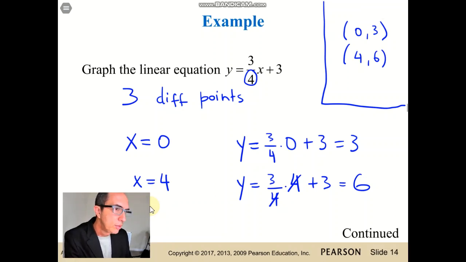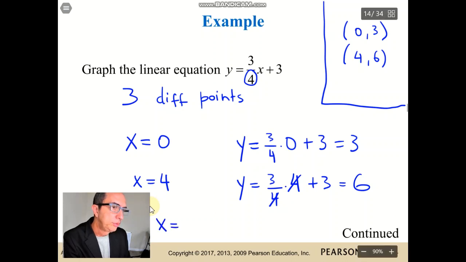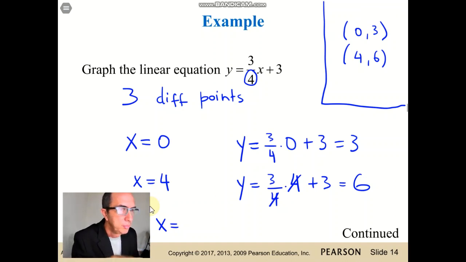Now let's find another order pair that relates to this equation here. Let's guess now. X equals, as I told you, you can assume any number, but let's try to work with numbers that will give us an easier way of graphing, preferably integers, right?